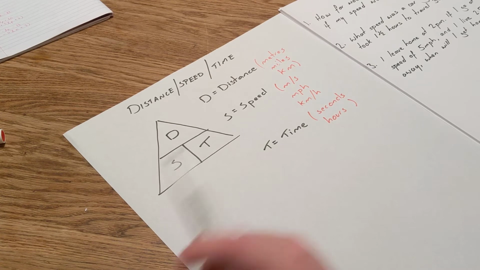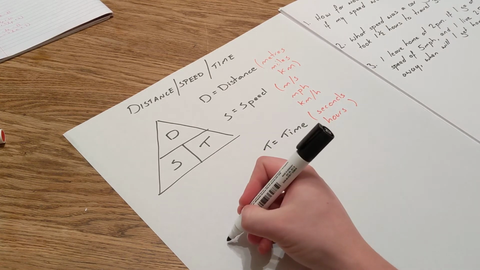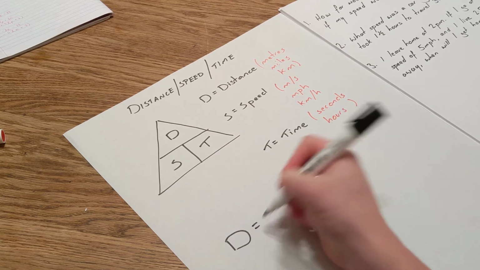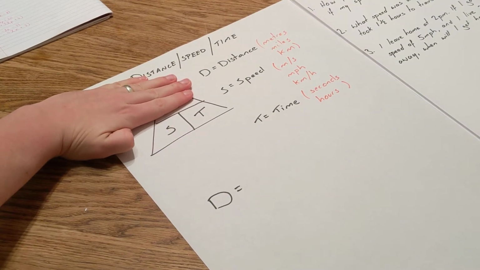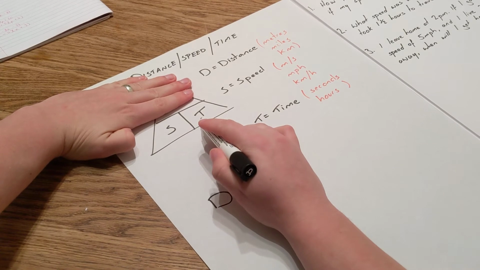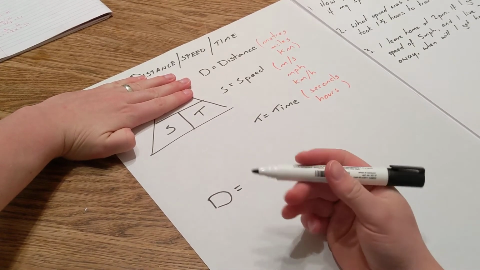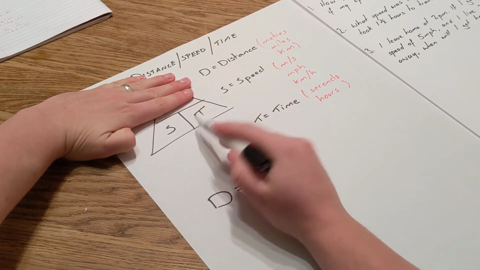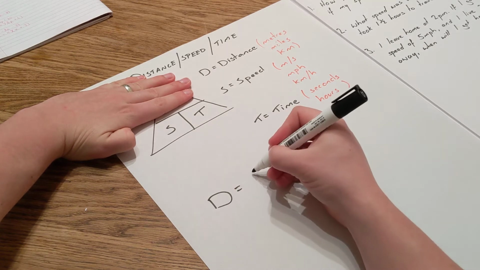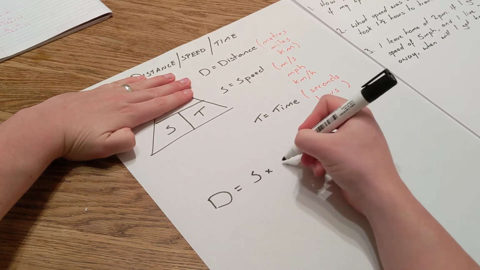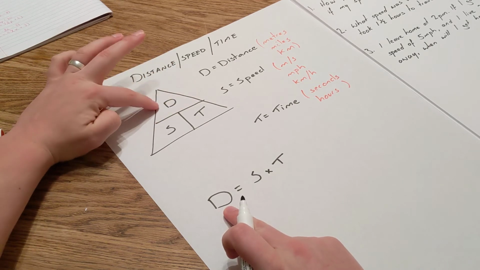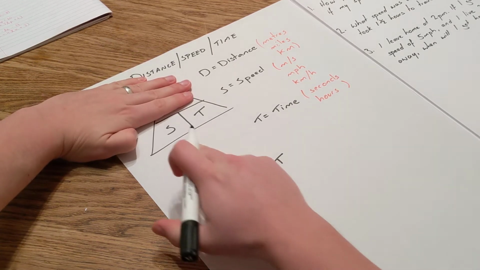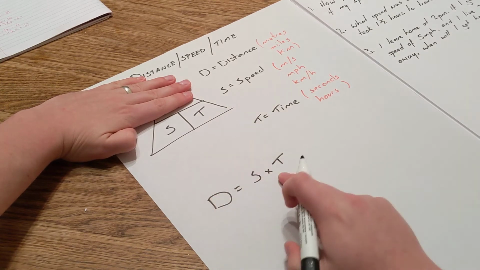So if I'm trying to work out the distance of something, okay, I cover up the distance part of my triangle. Now I've got S and T. This is just like algebra. S and T are next to each other, so that means they're timesed together. So that means if I want to work out a distance, which is this bit here, I have to do the speed times by the time.